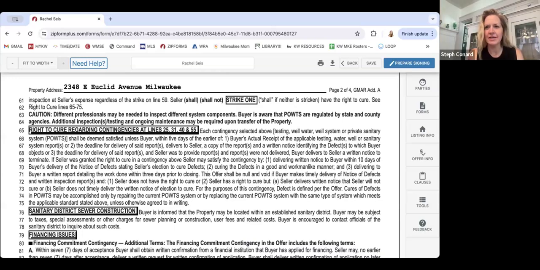I would say it's so rare that it even gets triggered, right, Joan? Based off your last comment, it's very easy to get all of these things fixed. Unless it's a completely failed system or a complete replacement that is needed, I feel like it's pretty rare that deals fall apart on these things.